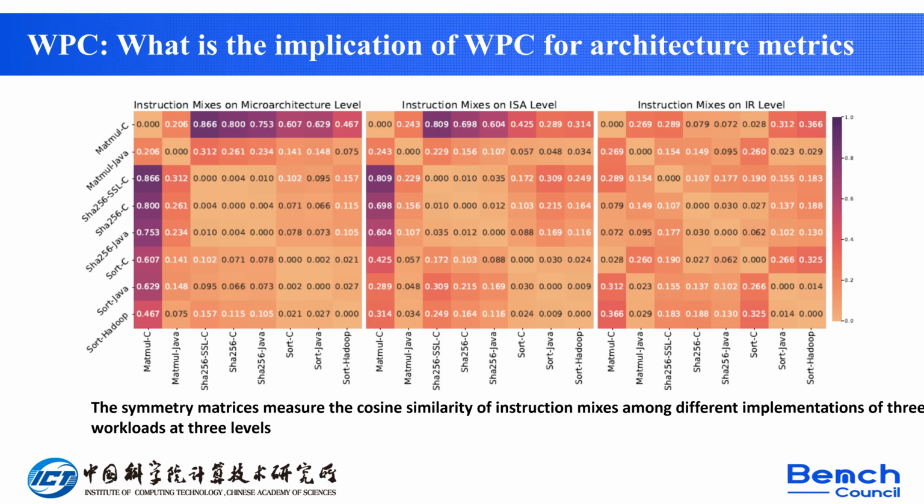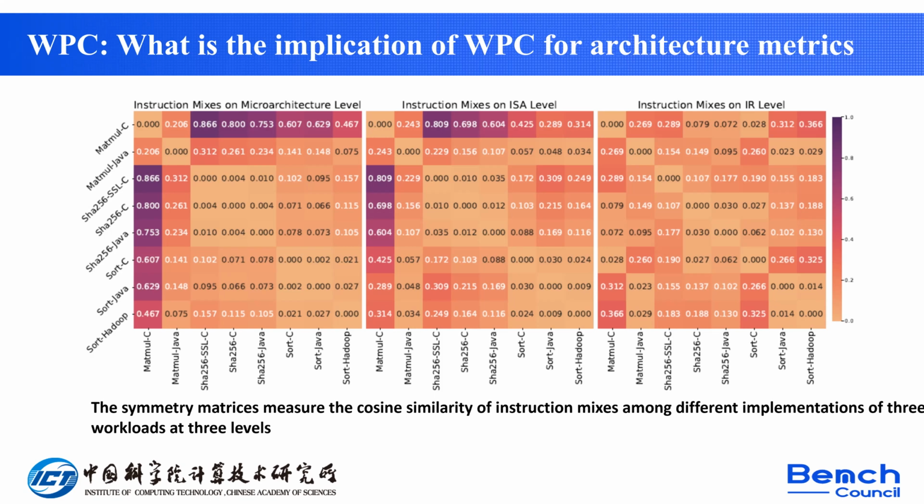Second, the similarity of instruction characteristics between two workloads at the IR level is not necessarily consistent with those at the other two levels. For example, SHA256 C and Matmul C are similar at the IR level, but not similar at the ISA and microarchitecture levels.